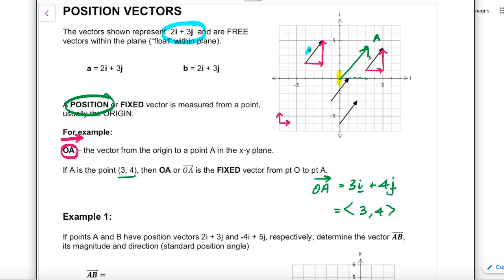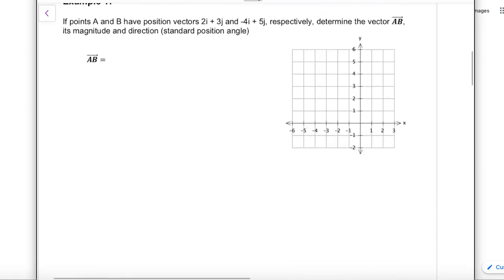So let's see this in action in our first example. So we've got points A and B which have position vectors as follows. So let's pop them on our xy plane. Point A is 2i plus 3j. And point B is negative 4i plus 5j. So we've placed our points on.